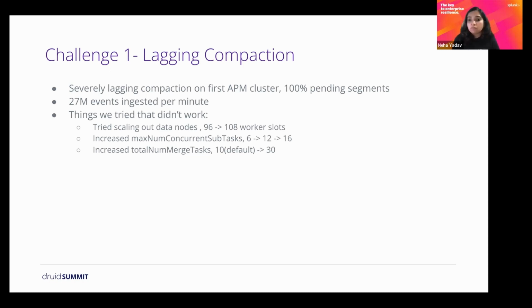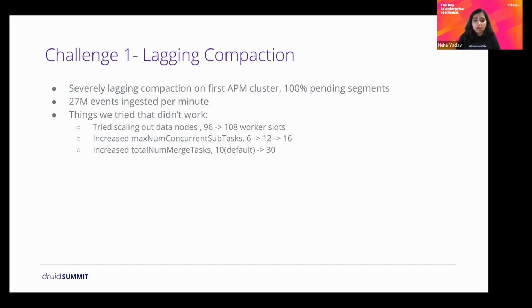We tried scaling out the data nodes, thinking that we would start getting more worker slots and that would help with compaction. We also tried increasing max num concurrent subtasks, which was initially set to 6 in our compaction spec. We tried to increase it to 12 and then even 16, but we were not seeing any improvements.